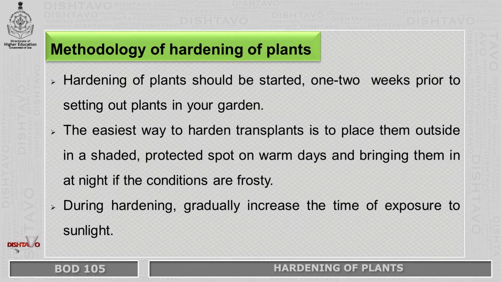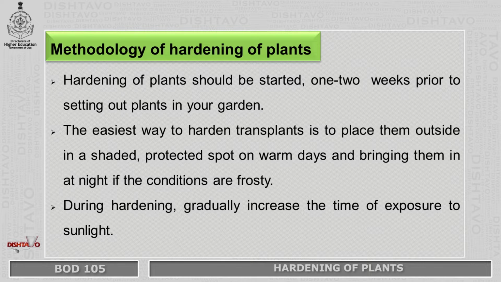Let us learn the methodology which is being followed in hardening of plants. Hardening of plants should be started 1 to 2 weeks prior to setting out plants in your garden. The easiest way to harden transplants is to place them outside in a shaded, protected spot on warm days and bringing them in at night if the conditions are frosty.